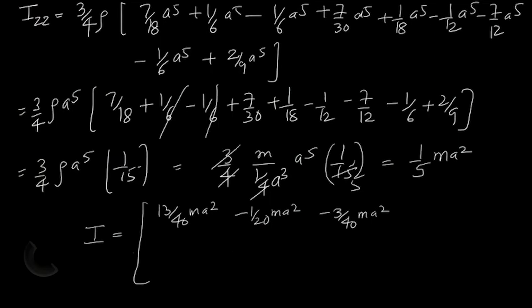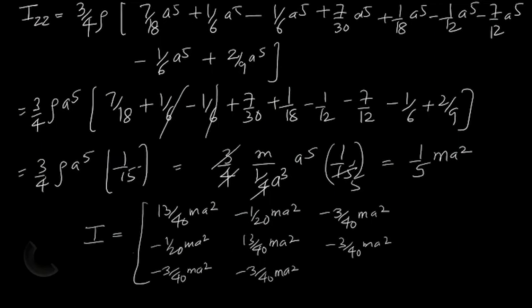So Iyx is equal to Ixy, so we can write minus 1 over 20 m a squared, and then Iyy is 13 over 40 m a squared. Then Iyz is minus 3 over 40 m a squared, and then Izx, which is equal to Ixz, which is equal to minus 3 over 40 m a squared, and then Izy minus 3 over 40 m a squared, and then Izz, which is equal to 1 over 5 m a squared. So this is our whole moment of inertia tensor for this pyramid.